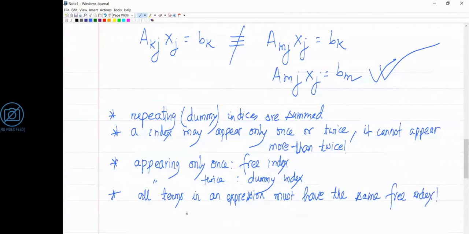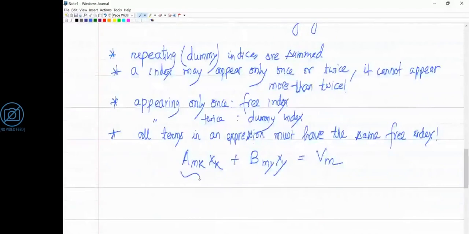For example, if you have an expression like a_mk x_k plus b_my x_y is equal to, let's say, v_m. So you see m in each of the terms, m is appearing only once. So therefore it's the free index, okay? And it has to be the same m.